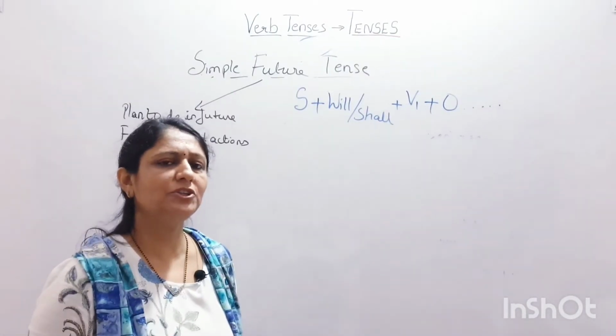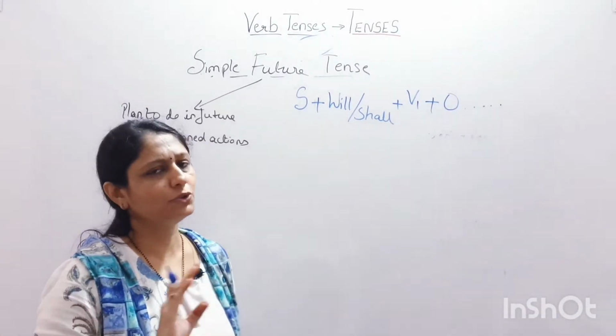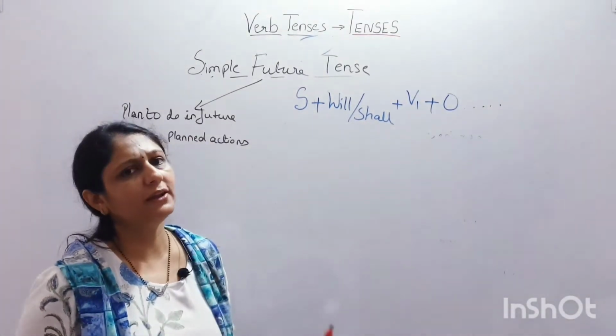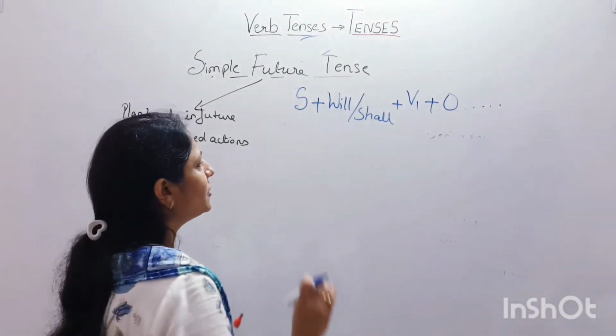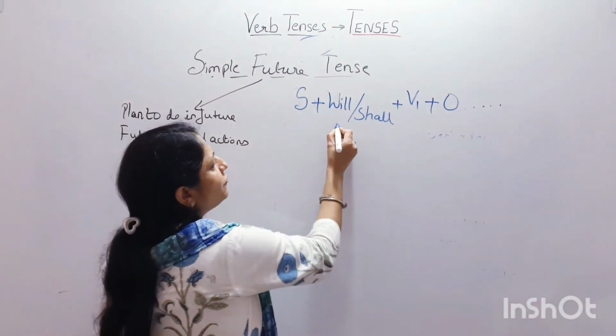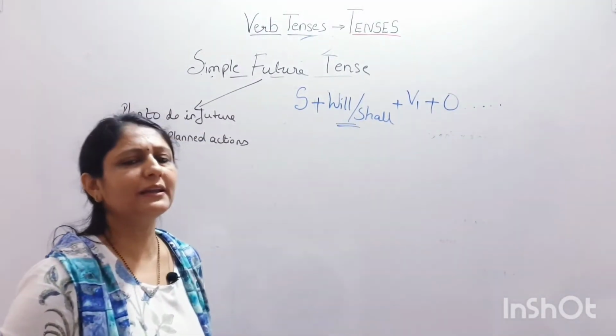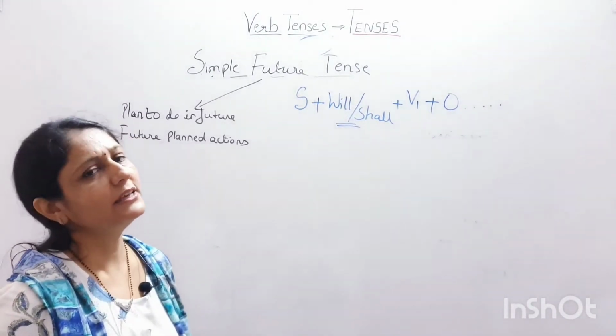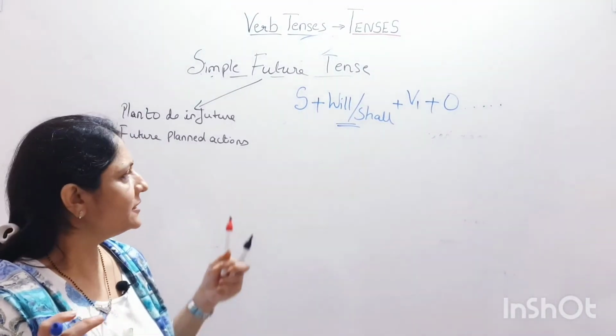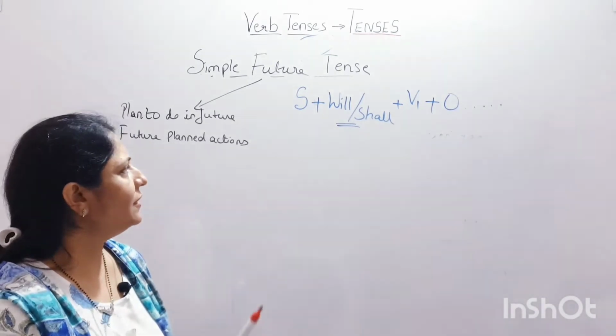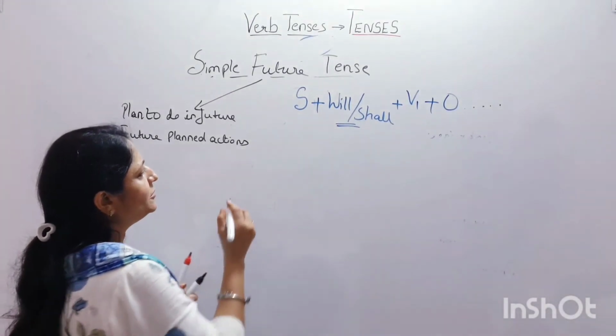If you want to mention the time, you can. If you don't want to mention the time, you can leave it. That is optional because will and shall automatically implies that the sentence is of future tense. It's a very easy tense. So here I can easily tell you the examples for this.